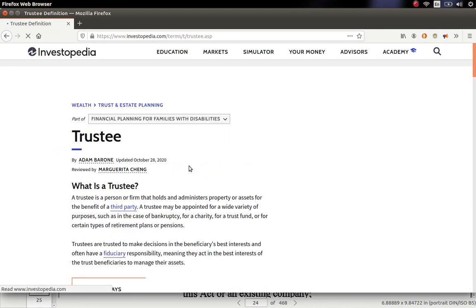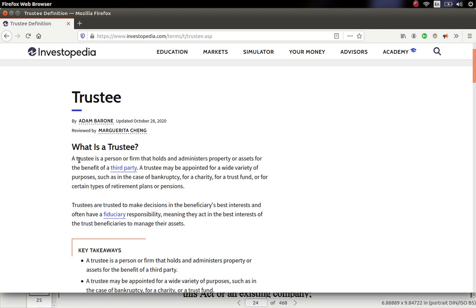Trustee definition, Investopedia. A trustee is a person or a firm that holds and administers property or assets for the benefit of a third party. A trustee may be appointed for a wide variety of purposes, such as in the case of bankruptcy, for a charity, for a trust fund, or for certain types of retirement plans or pensions.